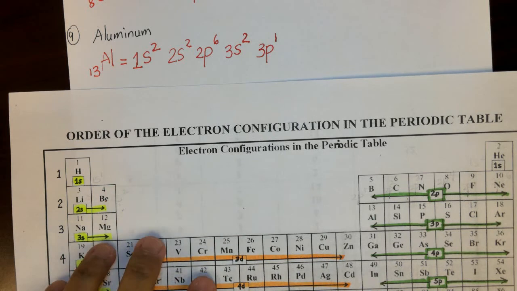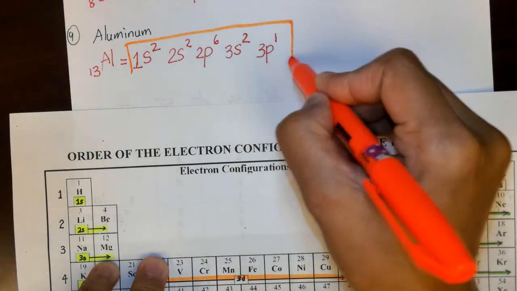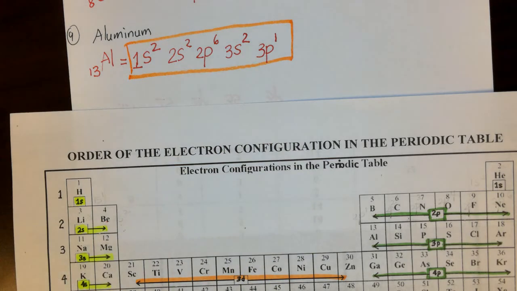And this is the lengthy electron configuration of aluminum. As the element's atomic number increases, your electron configuration will also become longer to write, because you have to accommodate more electrons this time.